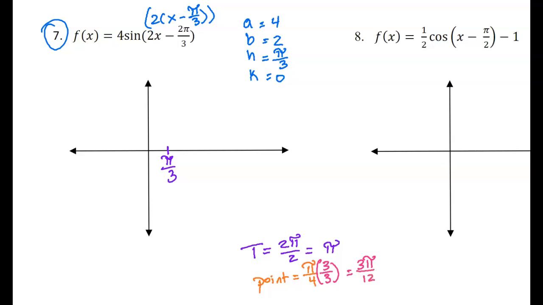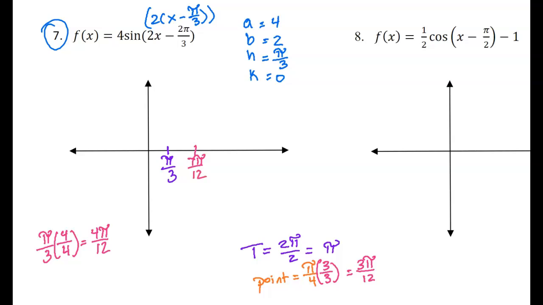And pi over 3, to get the same denominator, we multiply by 4. So that's actually 4 pi over 12. So if I'm adding pi over 4 to pi over 3, I'm actually adding 3 pi over 12 plus 4 pi over 12. So 3 plus 4 is 7 pi over 12. That's our next tick mark.